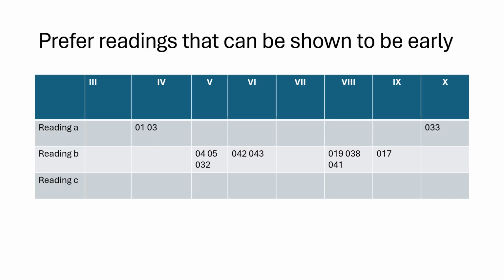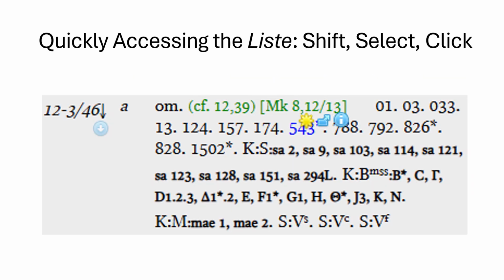In the online ECM apparatus, press Shift and hover the cursor over a specific witness to display 3 new buttons. Clicking on the gold star will highlight the witness throughout the entire ECM apparatus. Clicking the arrow will open this section of the apparatus in a new text box with that witness highlighted.